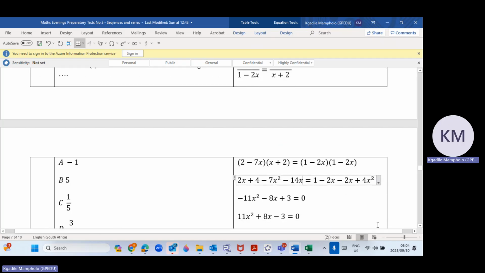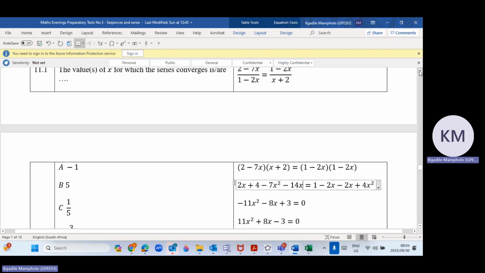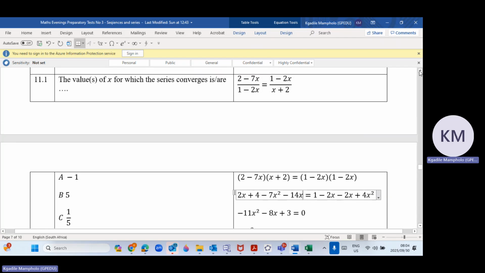Now, first you'll say 2 minus 7x over 1 minus 2x. Remember, in a geometric series, the second term divided by the first term is equal to the third term divided by the second term.